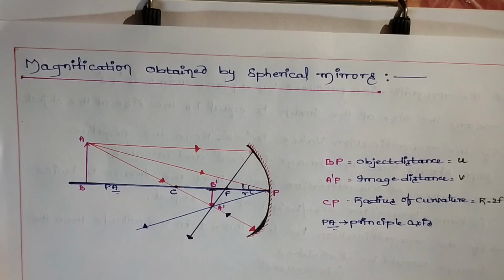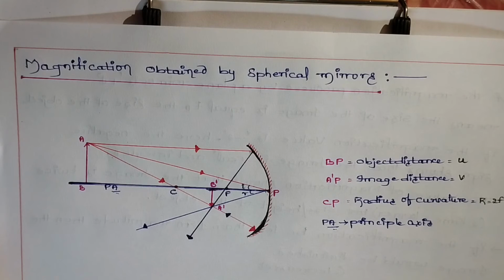Which is nothing but the magnification, and it is the ratio of the height of the image to the height of the object. It is denoted by small m.